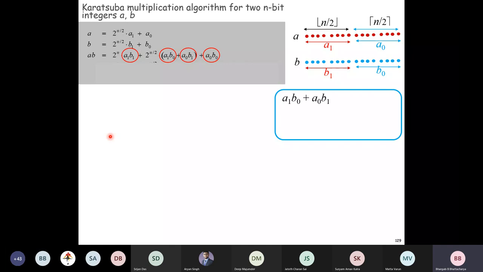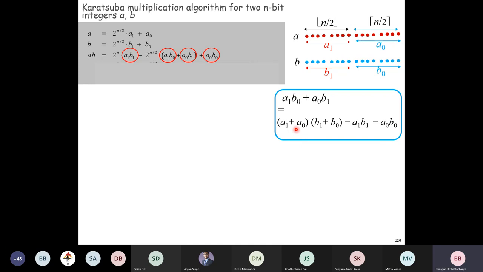What he did is the following. Look at this term, A0 B0 plus A0 B1, okay? You can write it this way, right? These two are algebraically equivalent. If you just expand, this extra term would cancel out, and this will reduce to the original term.